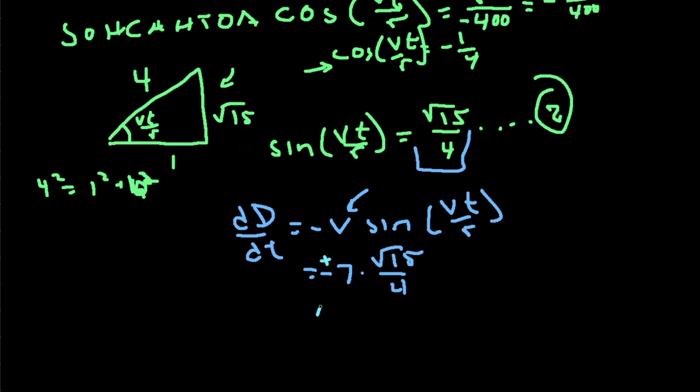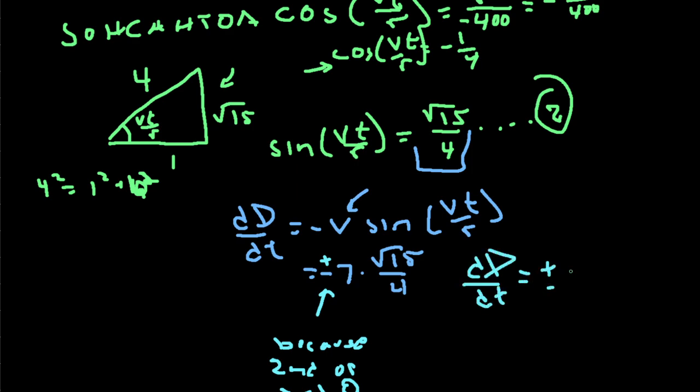It could be plus or minus because it could be second or third quadrant. So hey, we found an exact answer. We can just say that the rate of change is equal to plus or minus 7 times square root of 15 over 4.